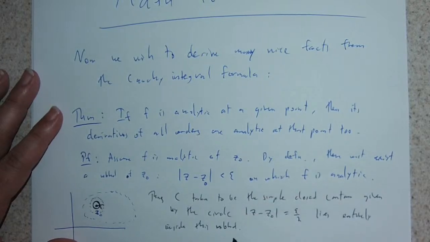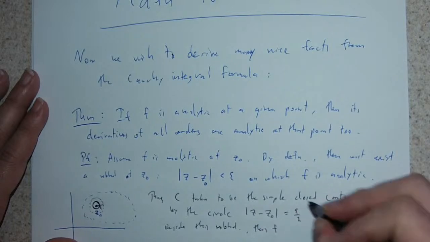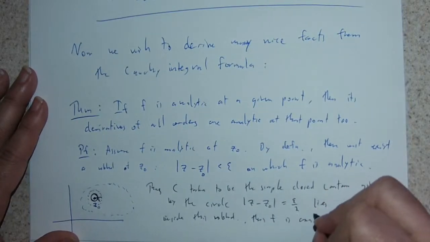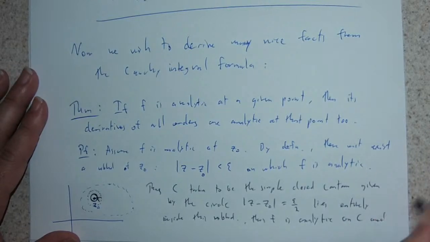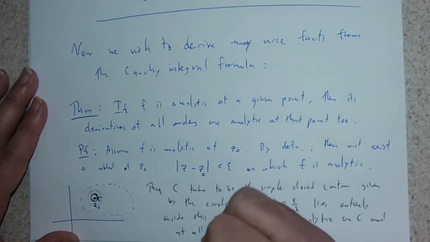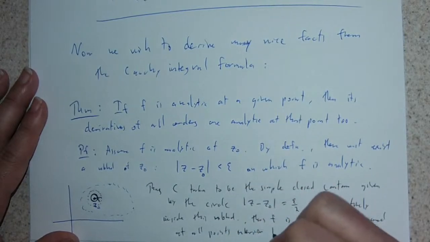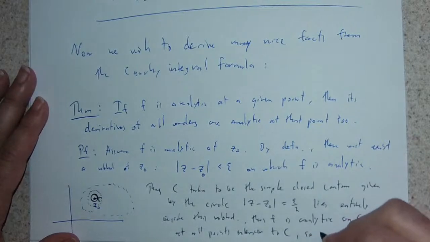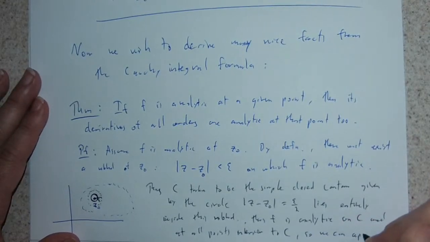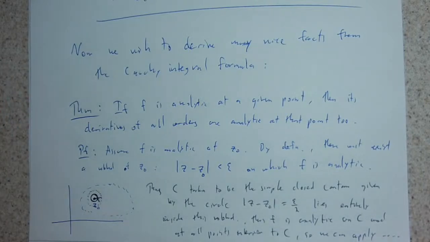It lies entirely inside this neighborhood, but f is analytic throughout that neighborhood. Thus, f is analytic on C and at all points interior to C. So we can apply the Cauchy integral formula. I'm not going to say it, I'll just put dots there since I ran out of room.